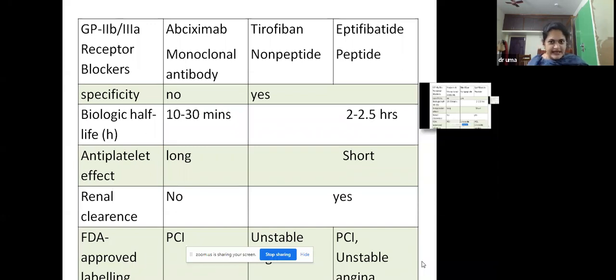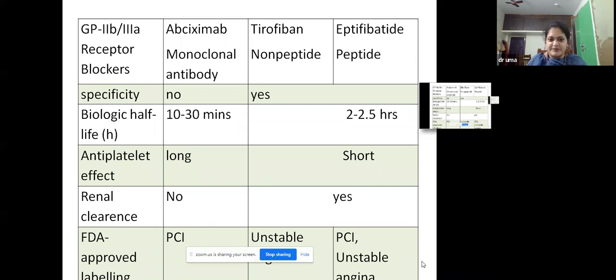Among the GP2B3A inhibitors, abciximab is a monoclonal antibody. Tirofiban is a non-peptide. Eptifibatide is a peptide, since it ends with tide. Specificity is more with tirofiban and eptifibatide compared to abciximab. The half-life is less with abciximab, but the antiplatelet effect is prolonged, whereas with tirofiban and eptifibatide it is reversed.